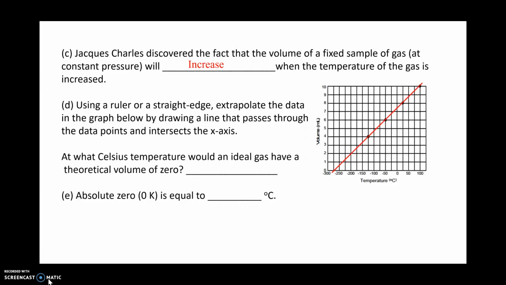Okay, so if we lay out a ruler, a straight edge, and we draw a straight line, we get a number that looks like it's about minus 275 degrees Celsius. Well, in fact, if we were really, really careful about that, we would see that it is in fact minus 273 degrees Celsius.